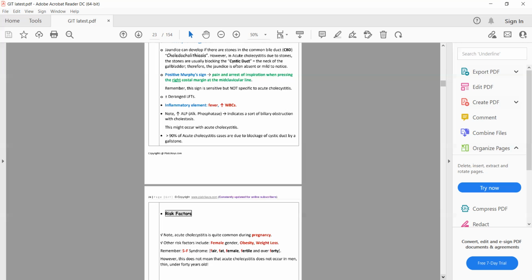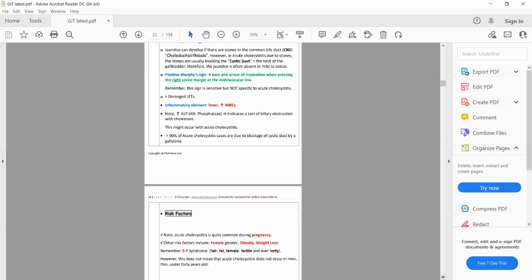Acute cholecystitis can also cause jaundice rarely, but the jaundice caused by acute cholecystitis is very mild, while the jaundice in ascending cholangitis is very marked.